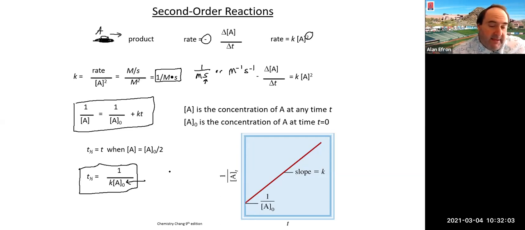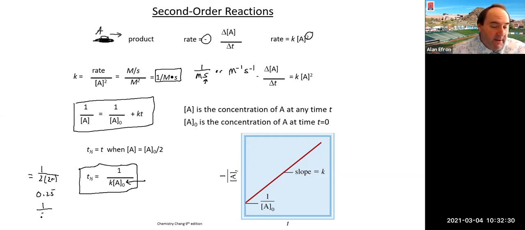And you can see that mathematically. For example, if we think about the half-life here, let's say that the rate constant was 2, and we started with 2 molar initially, right? That's going to be 1 divided by 4, which is 0.25 as our half-life.